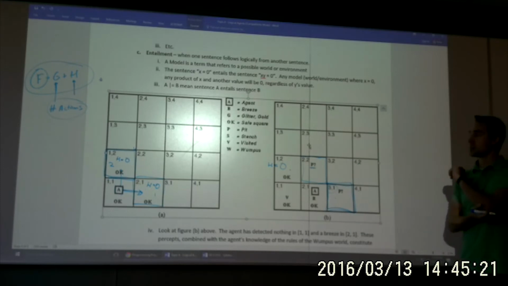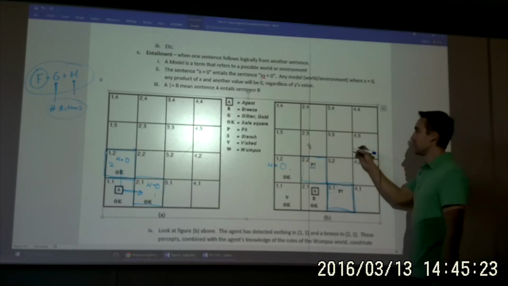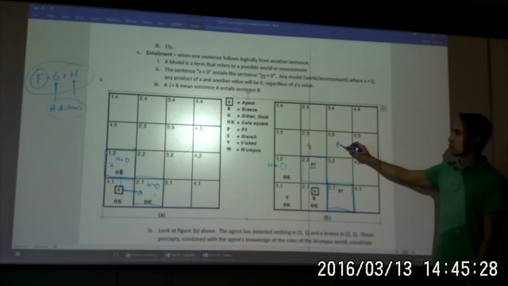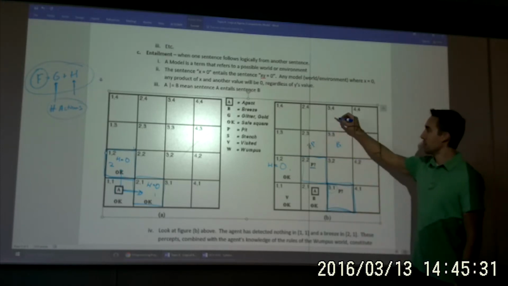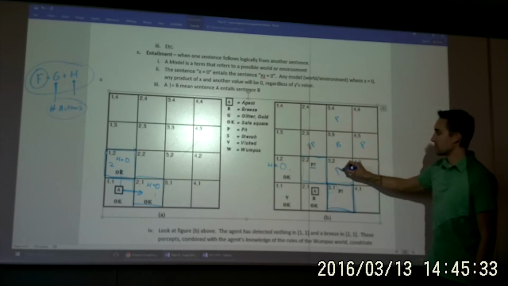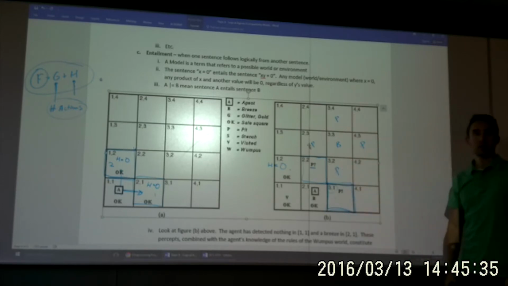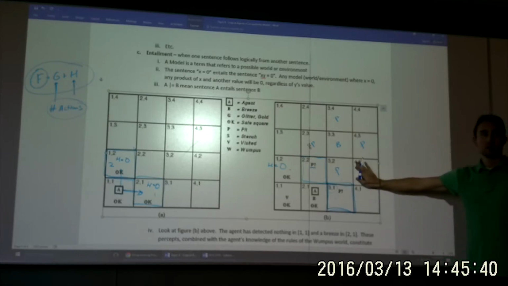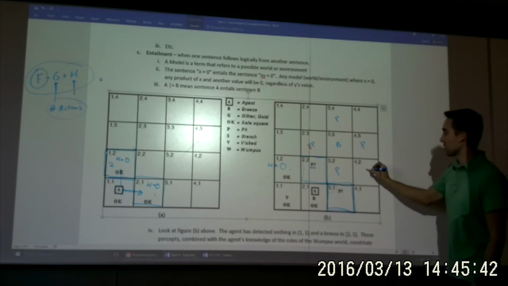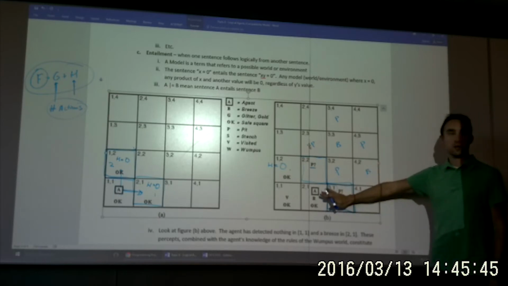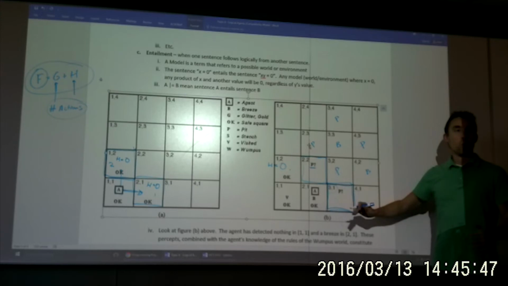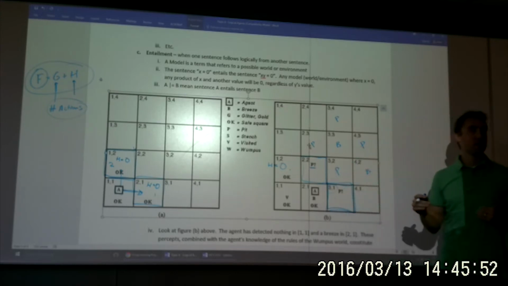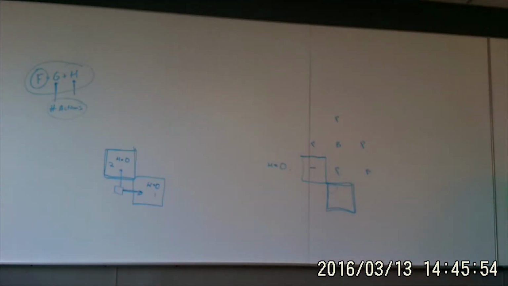If we have a situation where there's a breeze, we know that this breeze could come from any of these 4 adjacent places. But if there's not a breeze here, or let's say there is a breeze here, but there's not a breeze here, we need some way to scale the heuristic based off of the number of adjacent breezes.